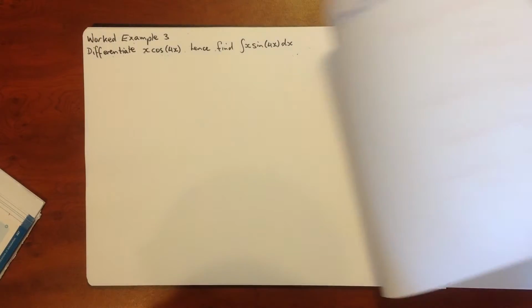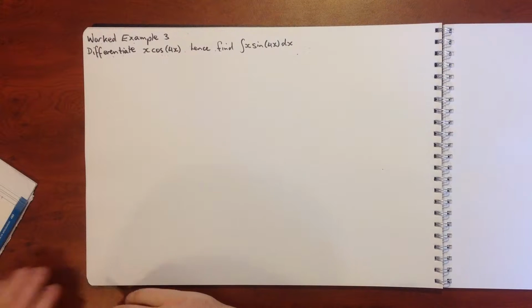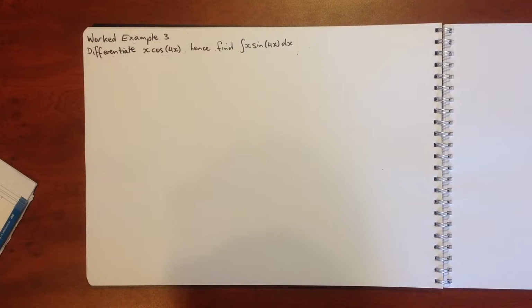We'll keep moving on. Have a look at worked example 3. We're going to differentiate x cos of 4x and hence find the integral of x sine of 4x dx.